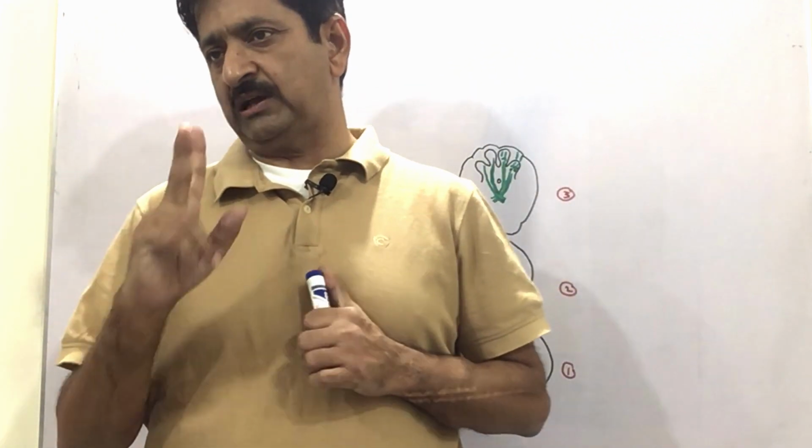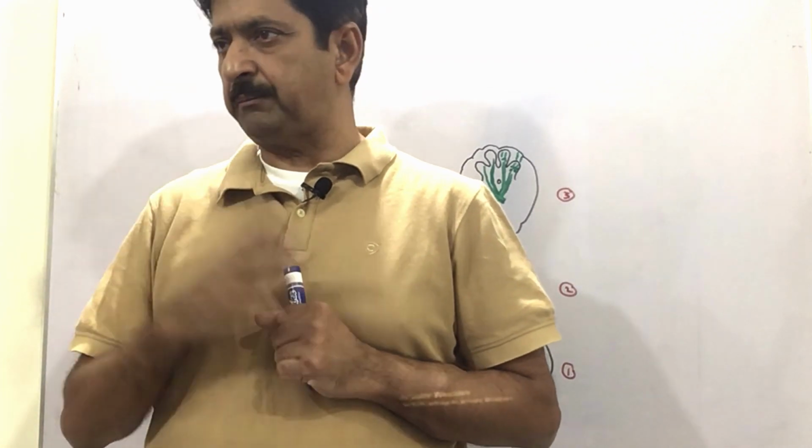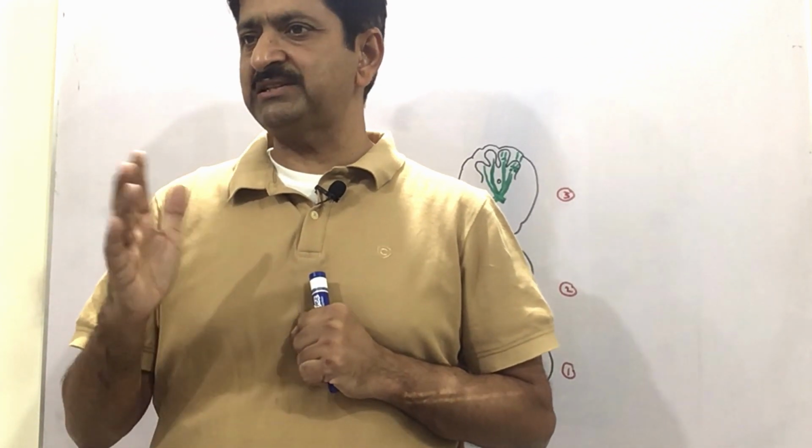Vibration, 2-point discrimination, and pressure also, is another. And the third is unconscious proprioception, going through another tract. So three are there, and out of these three groups, two will go to the cerebrum via the thalamus obviously, and one will project to the cerebellum. These are general sensory tracts which are coming.